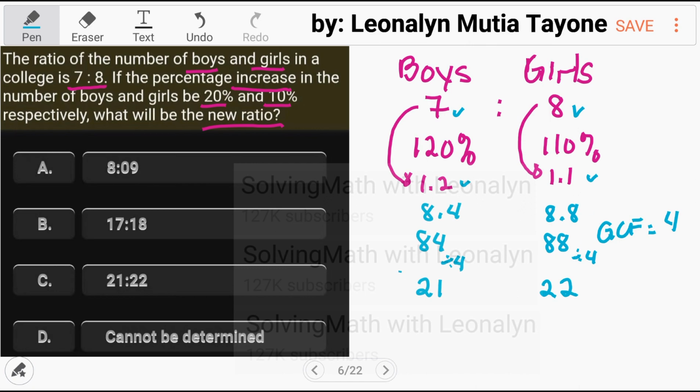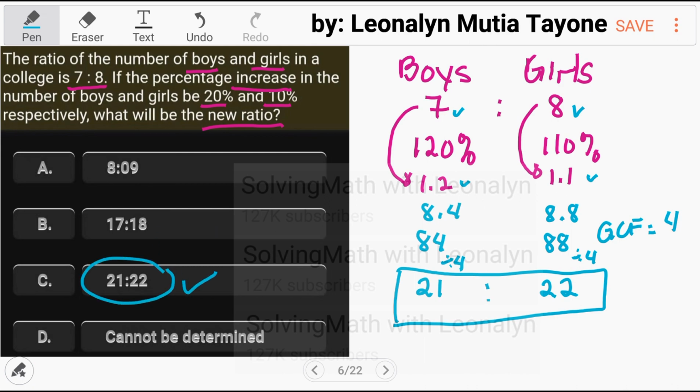List na yan siya. So ito na yung ratio natin. 21 is to 22. So ito na yung sagot. Again, paalala lang at lagi ko nang sinasabi ito, never memorize the answer kasi hindi yan nakakatulong, kundi yung paraan kung paano natin ito sinosolve.